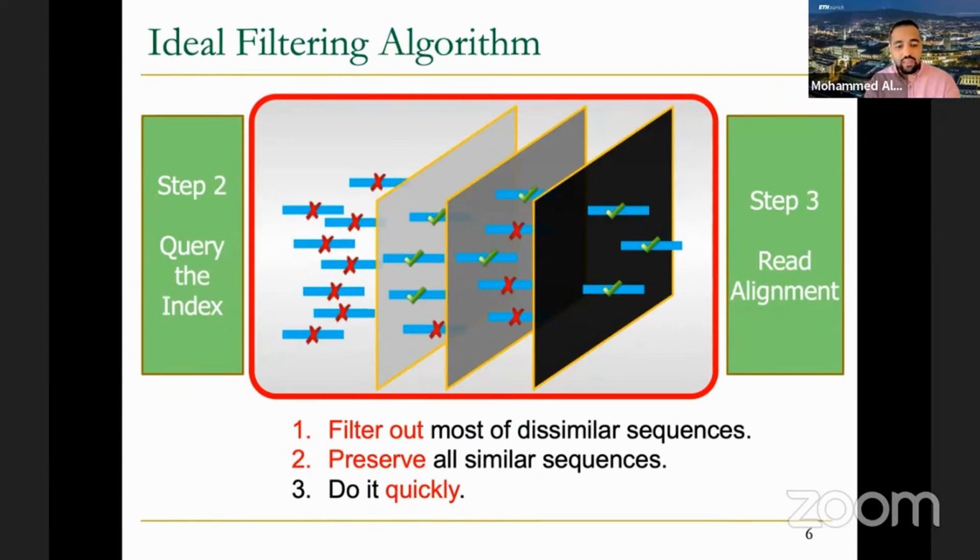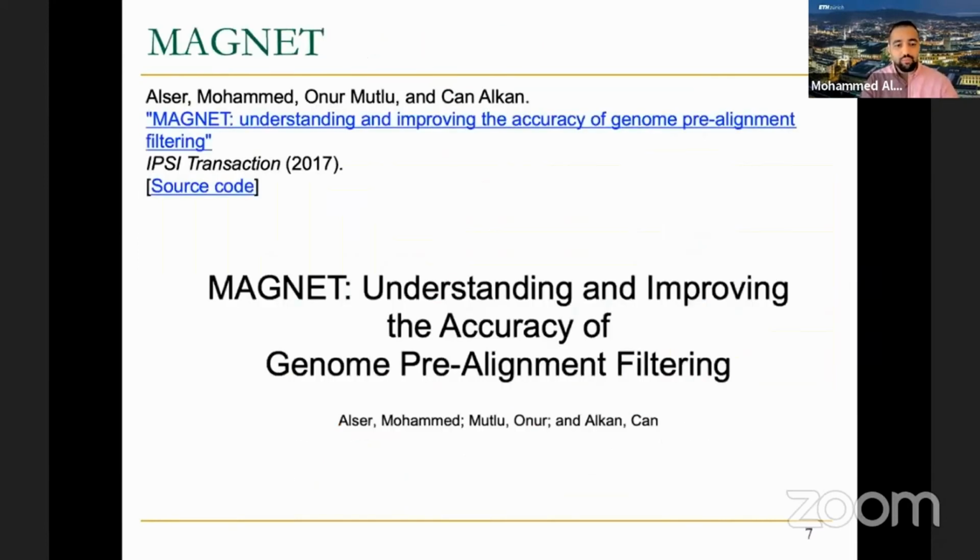They cannot give you the full alignment results or the correct read mapping results as if you did a brute force algorithm, where you map to every location and then examine the one with the better alignment score or the least edit distance, for example. And the main idea here is to do it quickly. Why do we need it quickly? Because this is the goal, to reduce the overall execution time of read mapping.